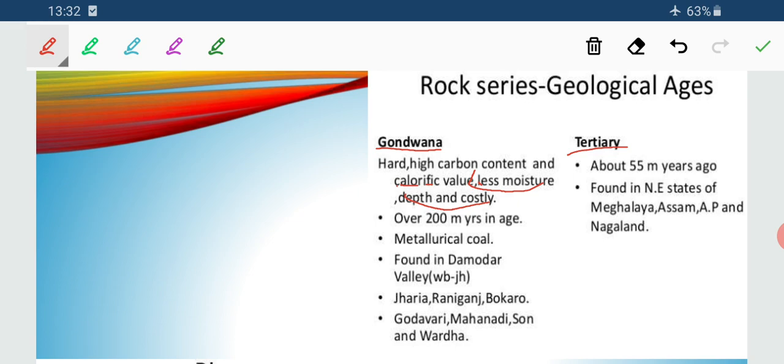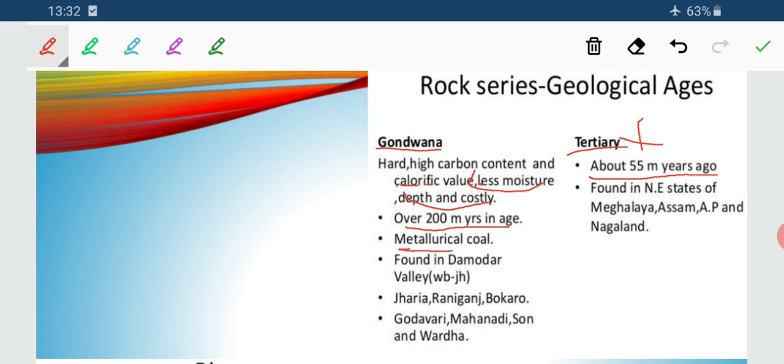Because Gondwana is a hard structure. So to extract this coal, comparatively we need to invest a lot for its extraction, but which is not the case for the tertiary. Now Gondwana is nearly 200 million years in age, and the tertiary is 55 million years of age.